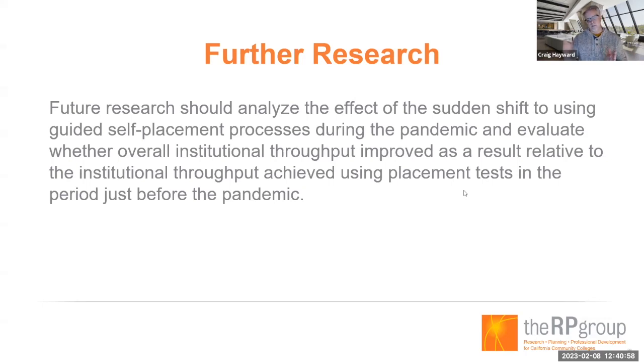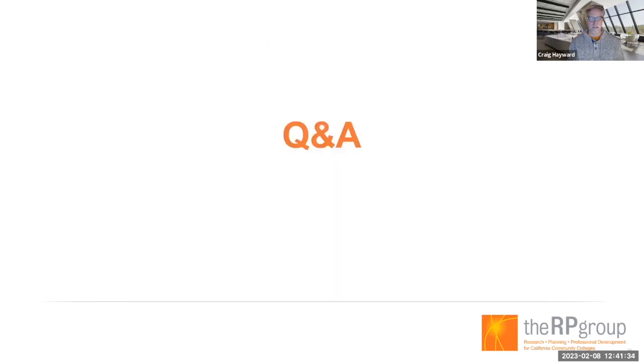With a little bit of time and space and data beginning to open up between us and that shift to the online environment and to guided self-placement, it's creating an opportunity for us to evaluate how guided self-placement processes relate to students' ultimate throughput in the sequence and throughput to the transferable English composition course. So, next steps for the research would definitely be to dive deeper into the guided self-placement impact.